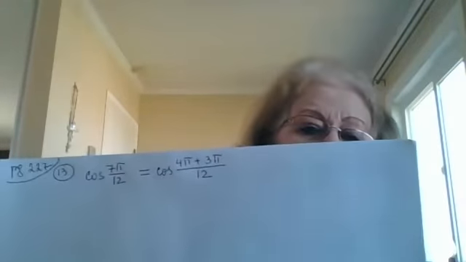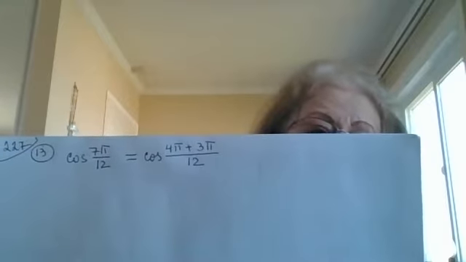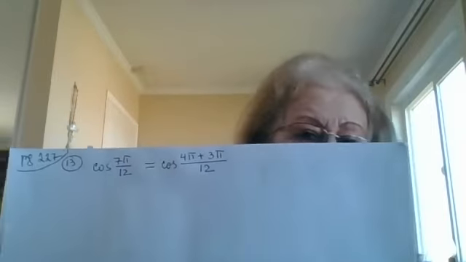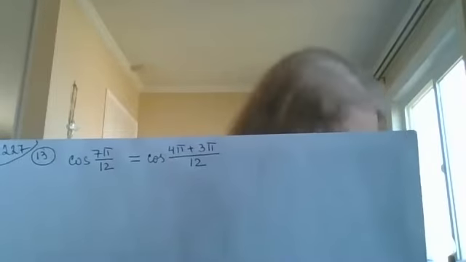And this is my first step. Instead of 7 pi, you can see on the top I have 4 pi plus 3 pi. I'm going to break this into two separate pieces.